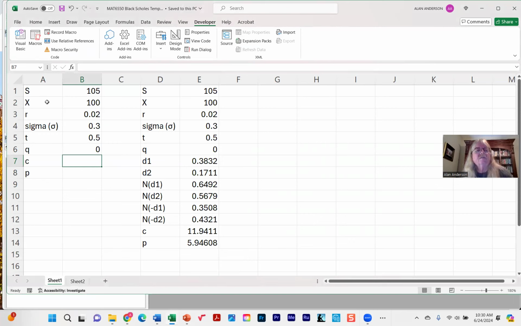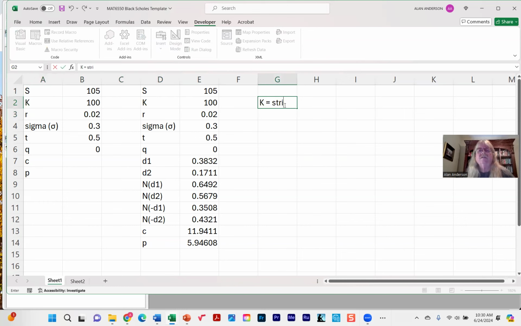So I'll tell you what, just to avoid any confusion, let's put K's here with the understanding that K is the strike price. S is the asset price. R is the risk-free rate. Sigma is the volatility. T is the time to maturity.